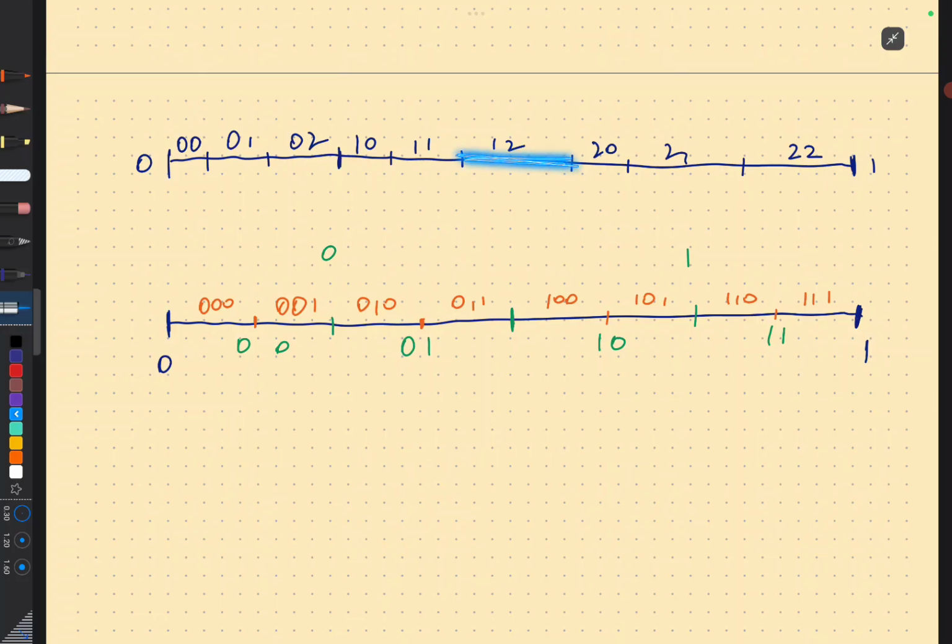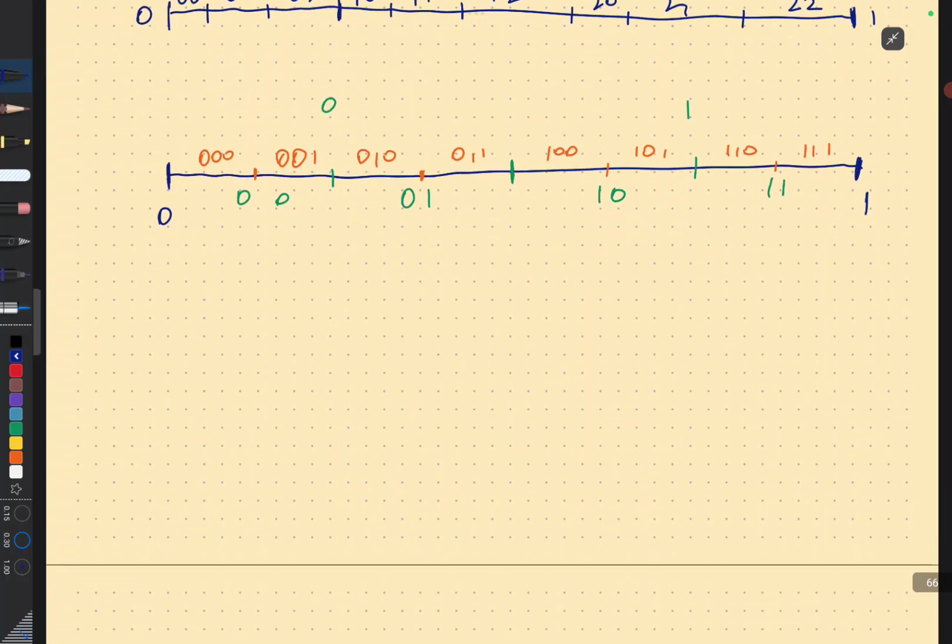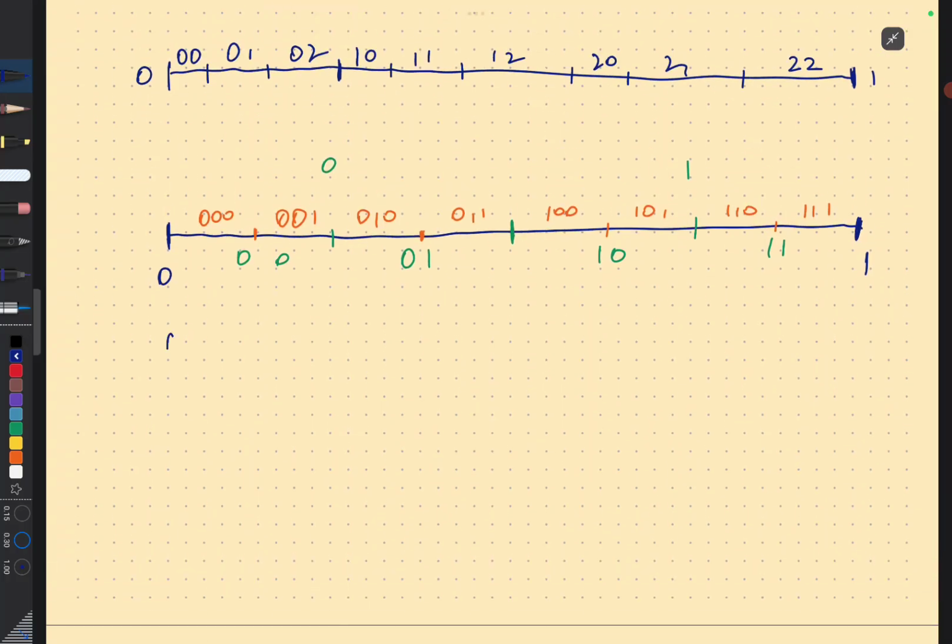What I want to do is, for each symbol, let me describe it in a different way. Suppose that we want to encode some number x1, x2.